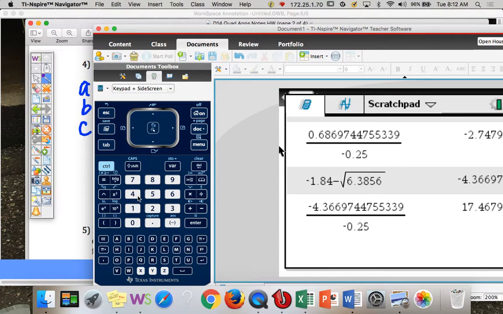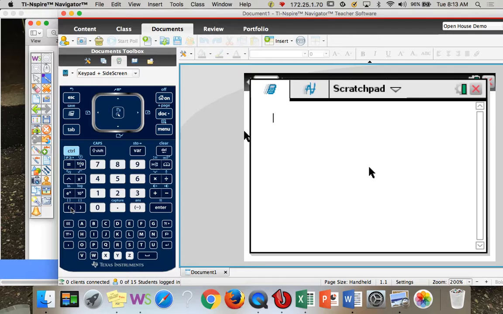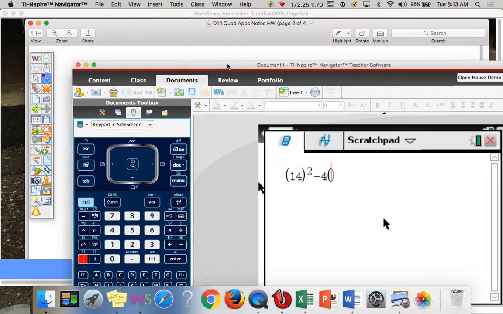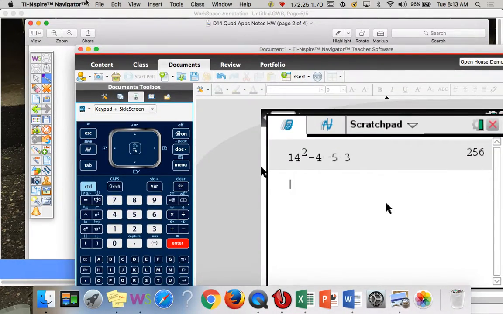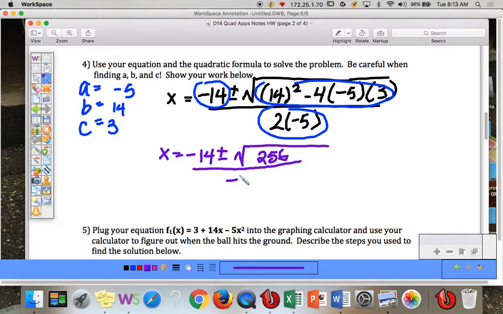So let's go back to Scratchpad. Let's clear this. All right, we got 14 squared minus 4 times -5 times 3. So that discriminant is 256, which means we're going to have two solutions because it's positive, all over -10. Now we split it up and do the plus and minus.